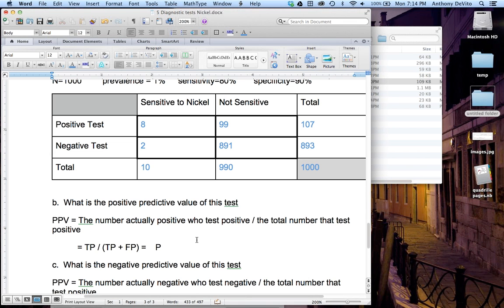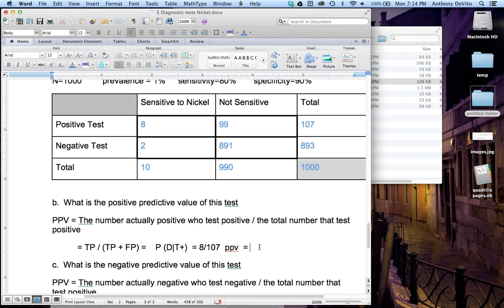So the probability of having the disease, given that you've tested positive, right? What does that equal? That's equal to 8 out of 107 people. So what's our positive predictive value? 8 out of 107, any guesses?